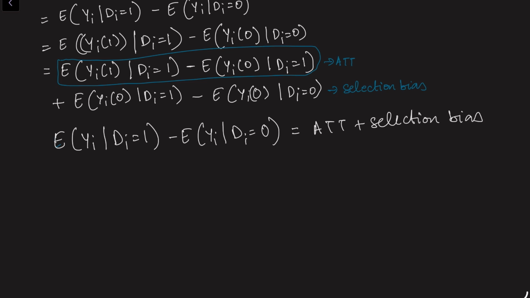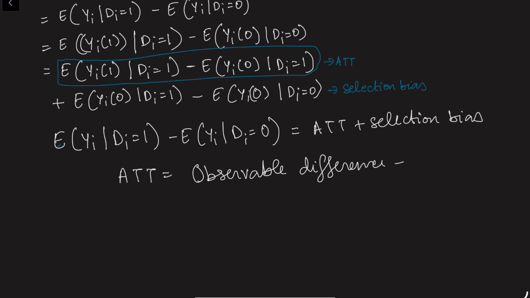So in a sense, ATT can be written as observable difference, I'm going to name this thing observable difference, minus selection bias.